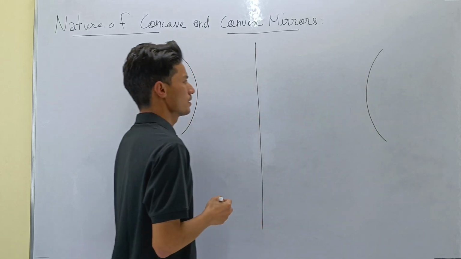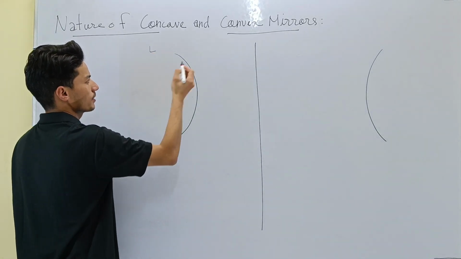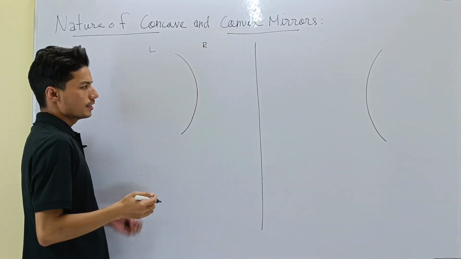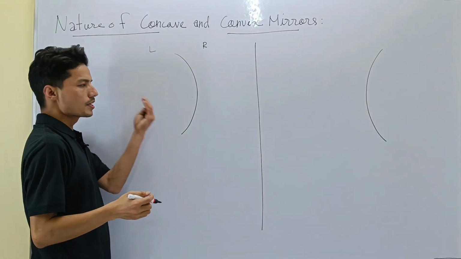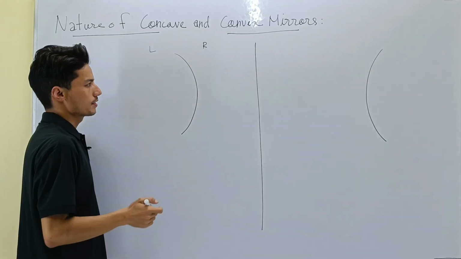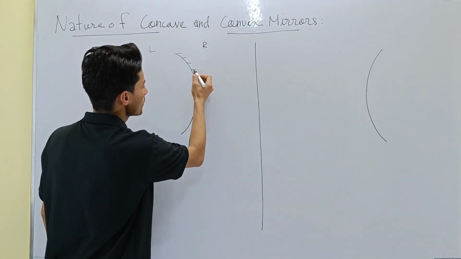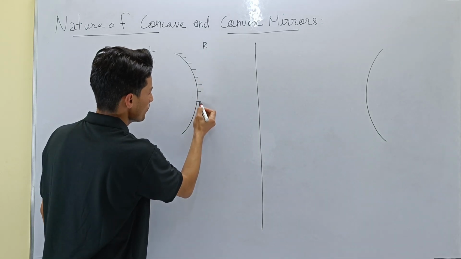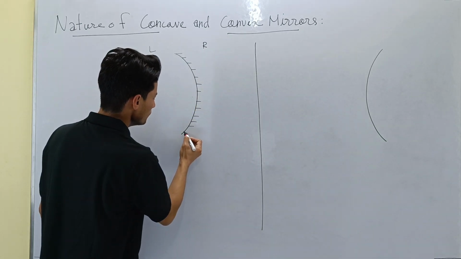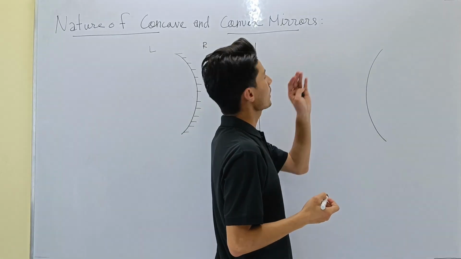The left side is the polished reflecting surface. That makes the right side the back side. So let us show the back side by drawing like this. It is very important to highlight the back side. So this is how you highlight the back side. The same thing we'll do for the convex also.